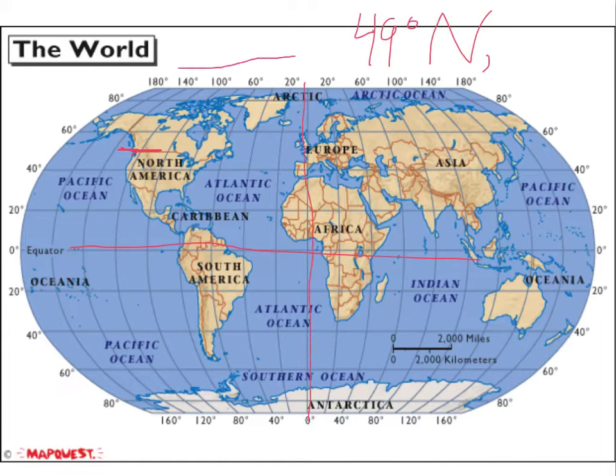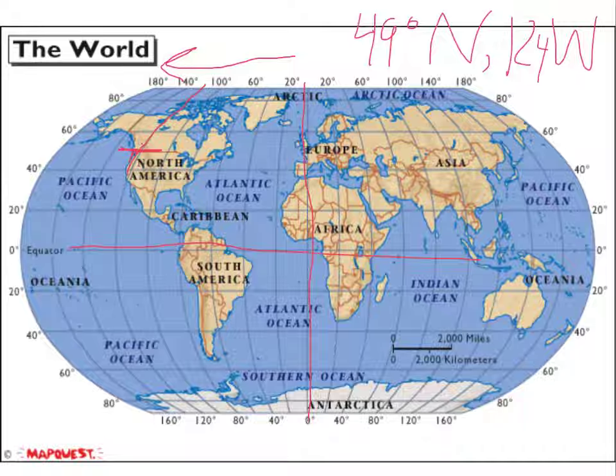It's to the left, meaning it's to the west, so it is in the western hemisphere. Right here, it is just past the 120 degrees west line. It's probably 1/5 of the way past the 120 to the 140, so we will call it 124 degrees west. That's probably about where Seattle is.